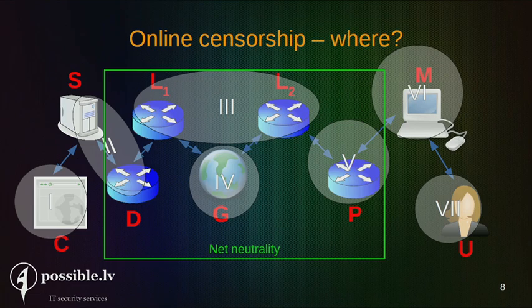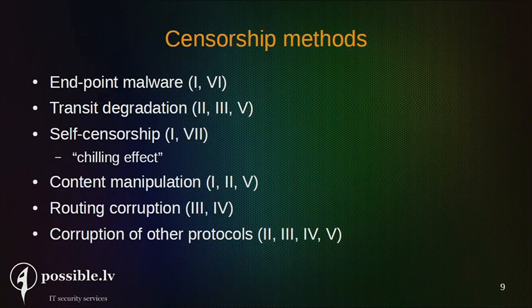Net neutrality is a principle that specifies that you shall not differentiate service level depending on the content of the traffic, meaning that if machine M would send data and machine S, the server, would want to receive it, data should go through regardless of what words are there in the data, and it should go through with the same speed. So net neutrality applies to these nodes inside the green rectangle. And that is also where corruption of protocols happens.